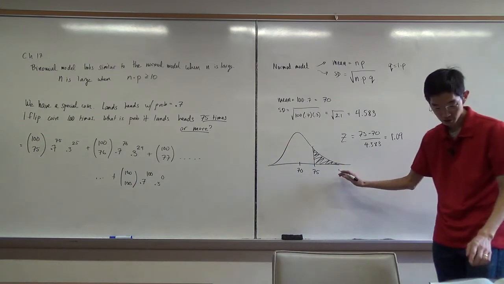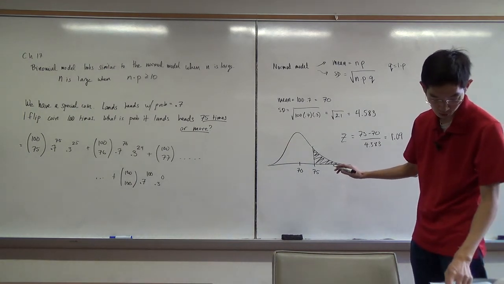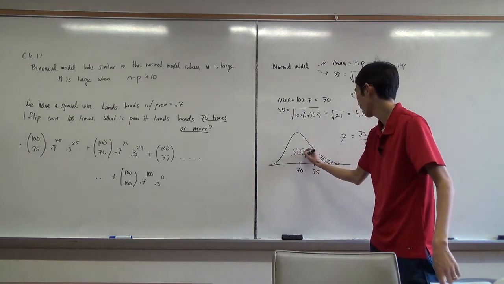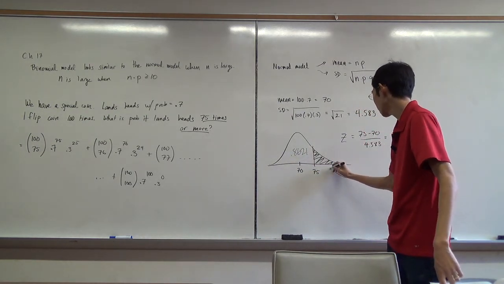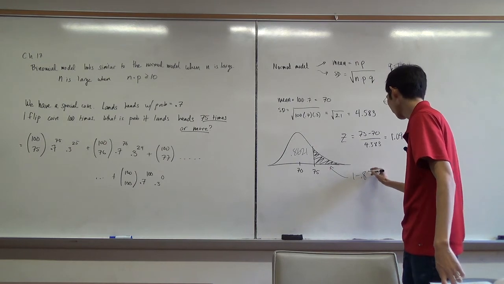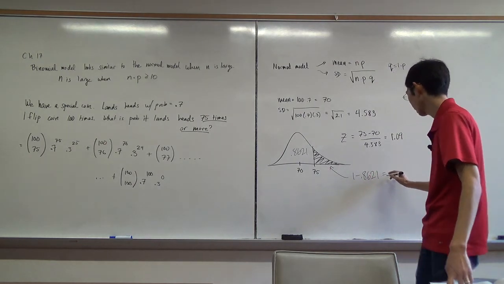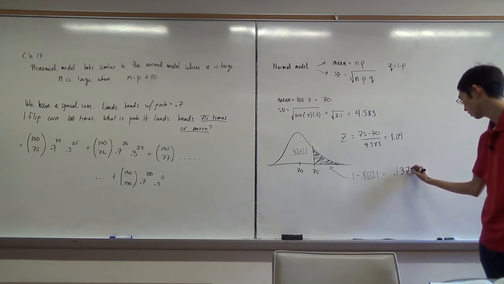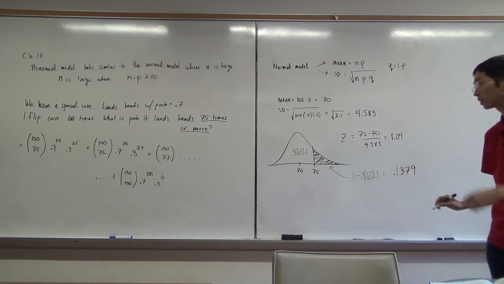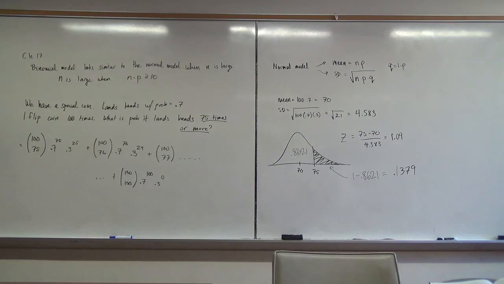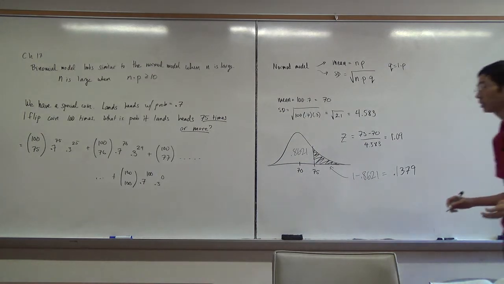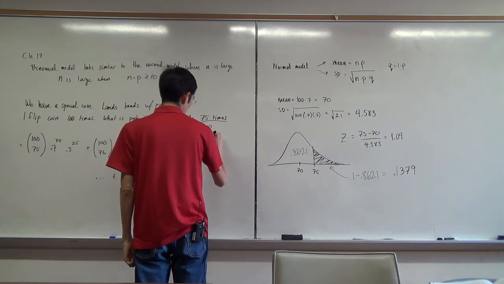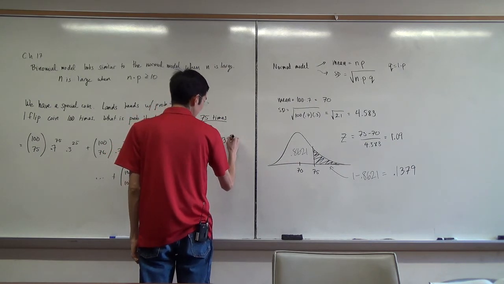The area to the left of positive 1.09 is 0.8621. So over here I get 0.1379. And so our answer here is about 0.1379.